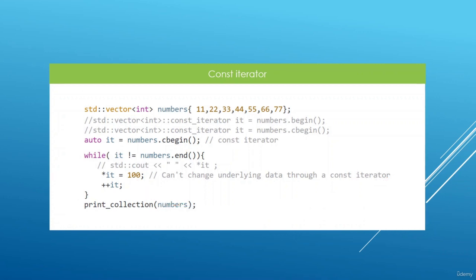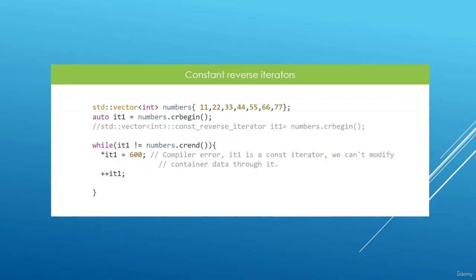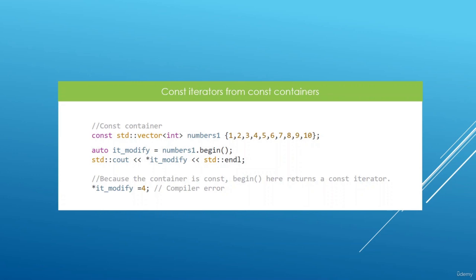We can also have constant reverse iterators, and we get access to them by using the crbegin and crend methods. If we try to go through these iterators to modify the data, we will get a compiler error. Another way to get a constant iterator is to call begin or end methods on a const container. For example, we can set up a const vector of int, and saying that this vector is const means we can't really modify it in any way.